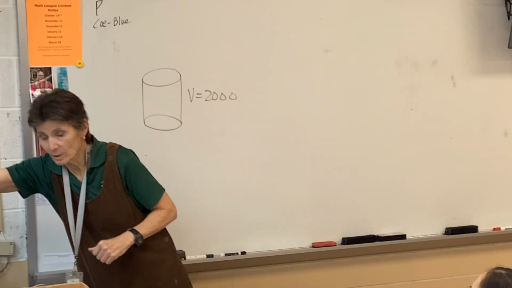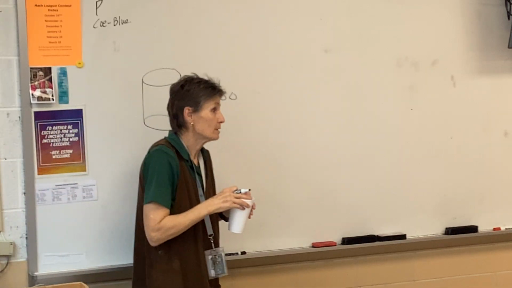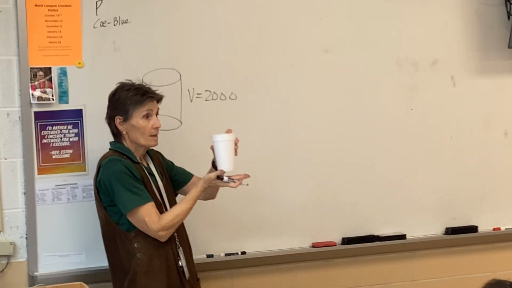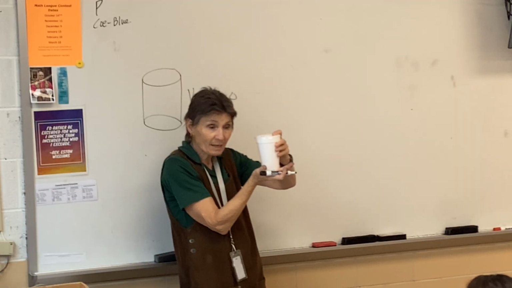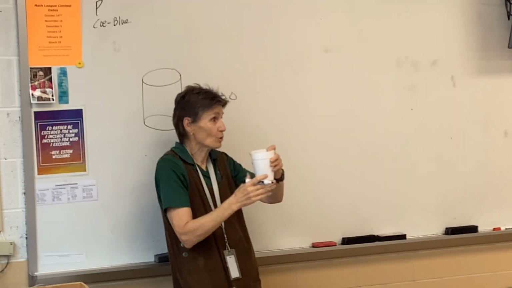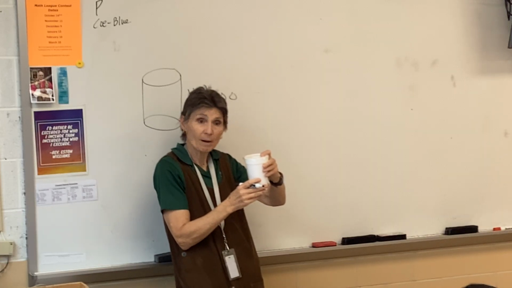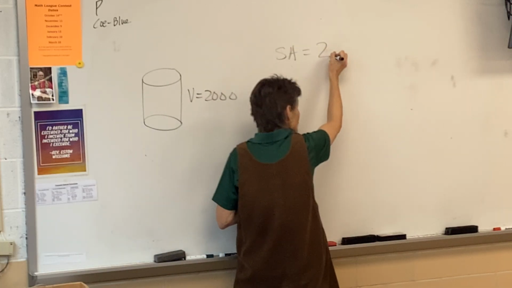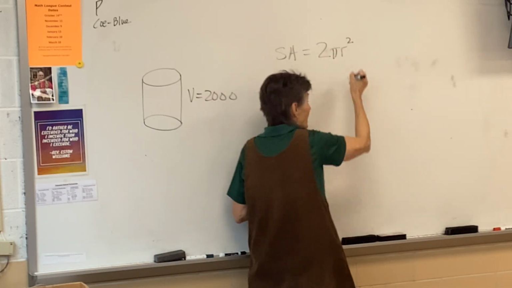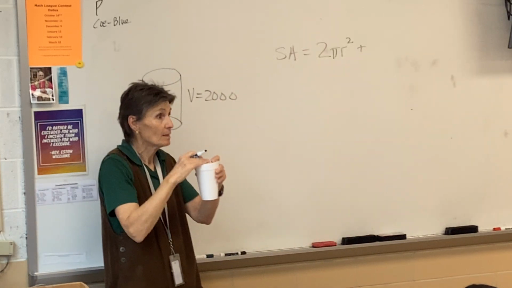The bottom and the top are both circles, and the area of a circle is pi r squared. So the top and the bottom together are 2 pi r squared. Now, plus some other stuff.